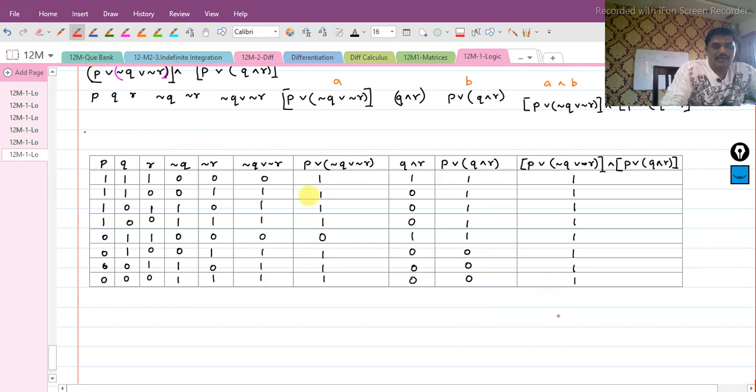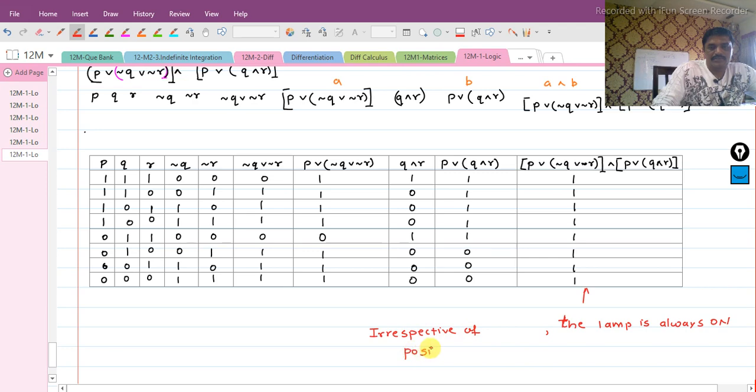Whichever switch you turn on or off, the lamp will always glow. The lamp is always on, irrespective of the position of the switches, whatever the combination of switches.